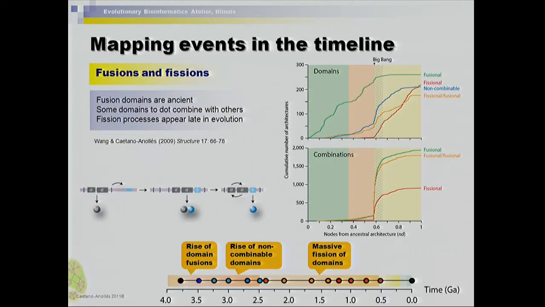So we found, amazing, that there is a set of domains that do not combine with each other, that appear very early and also during the Big Bang. But we found that fusion seems to dominate the early stages of the protein world, and fission seems to dominate, especially in the Eukarya, the later stages of evolution.